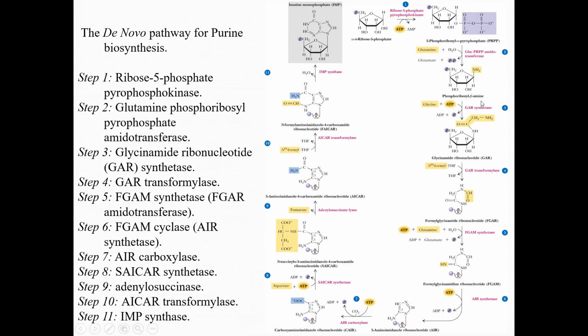This phosphoribosyl beta amine again reacts with glycine and in the presence of ATP, the enzyme synthetase basically catalyzes the fusion of glycine to the phosphoribosyl beta amine, and it leads to the formation of glycinamide ribonucleotide.